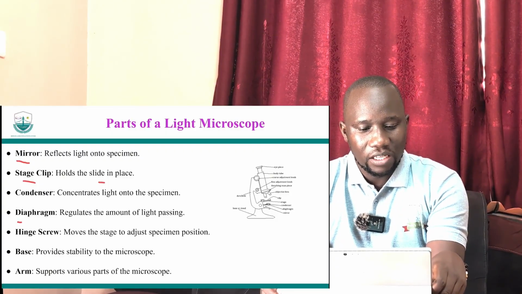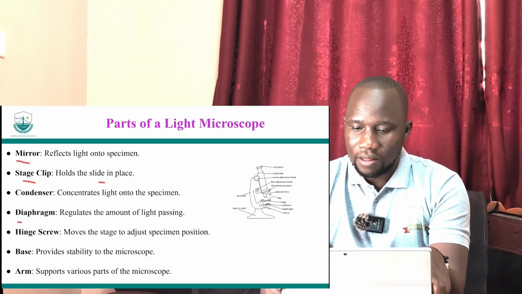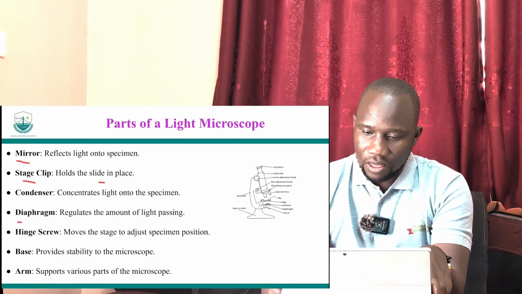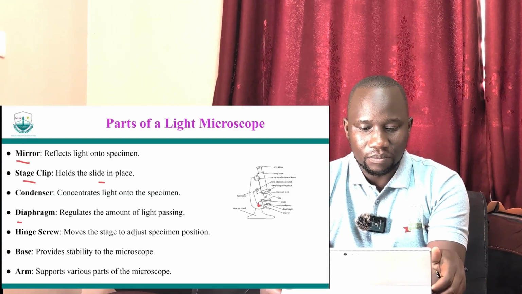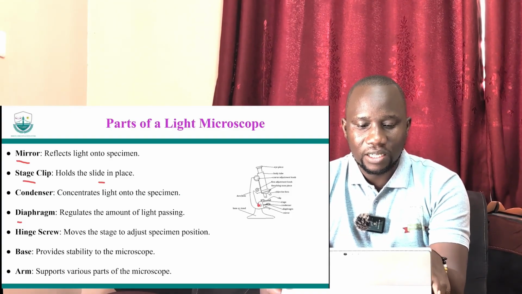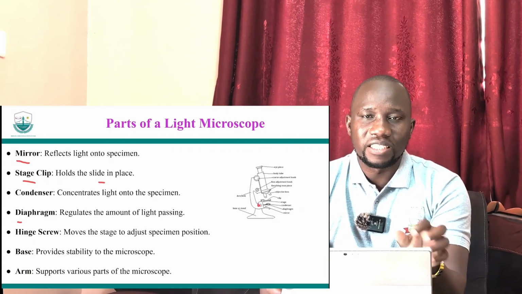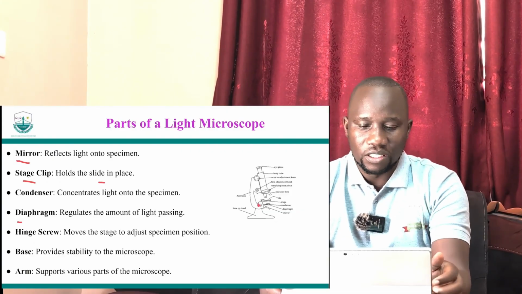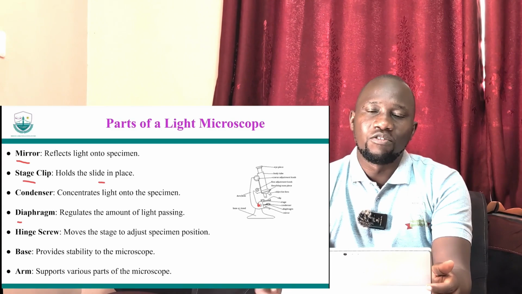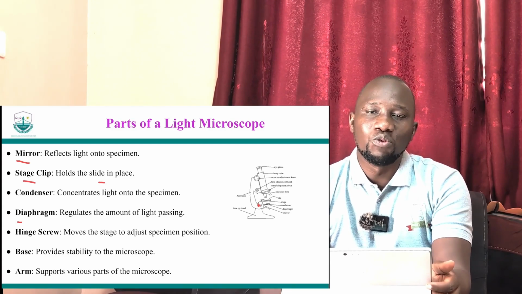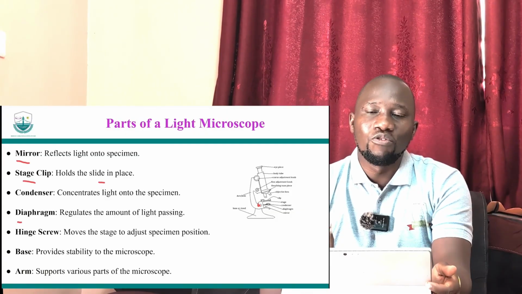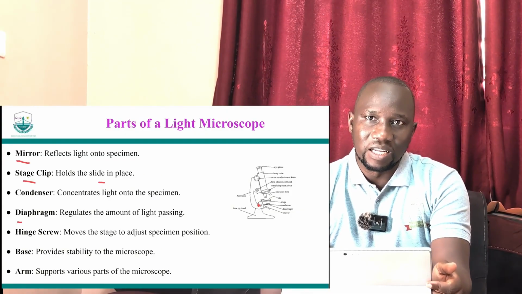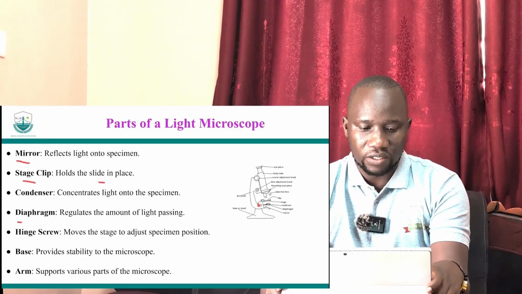And then we have the hinge screw, which is here, which allows you to adjust the level of the stage, such that if you move the level of the stage, you are moving the specimen into a good position for you to be able to focus.